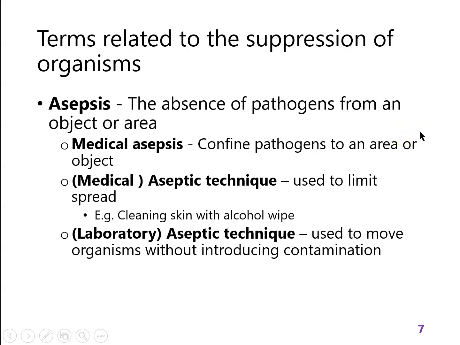You don't have to kill every pathogen in the room, you have to make sure they can't get to the wound. And then aseptic technique is a term you would hear in the research laboratory. This is the set of techniques we use in the laboratory to handle microorganisms without introducing contamination and without contaminating ourselves. So it's how you control the location of microorganisms.